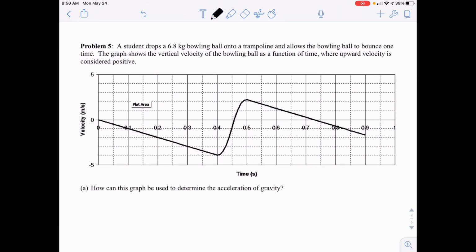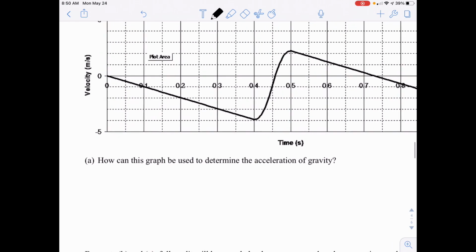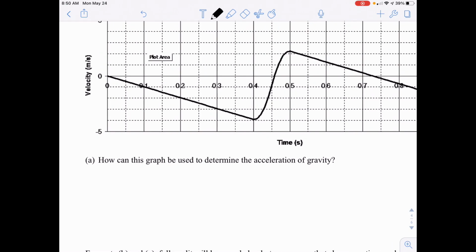Problem 5. The student drops a 6.8 kilogram bowling ball onto a trampoline and allows the bowling ball to bounce 1 time. The graph shows the vertical velocity of the bowling ball as a function of time, where the upward velocity is considered positive. Now, how can we use this graph to determine the acceleration? Well, acceleration is the slope of a velocity-time graph. So we start there.